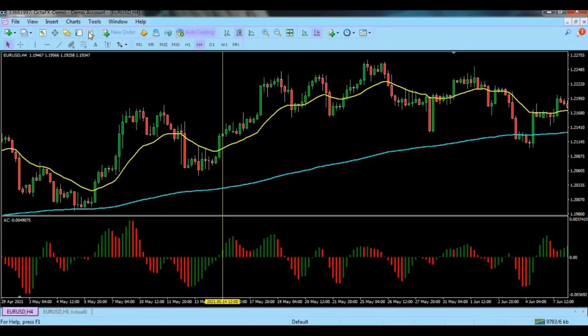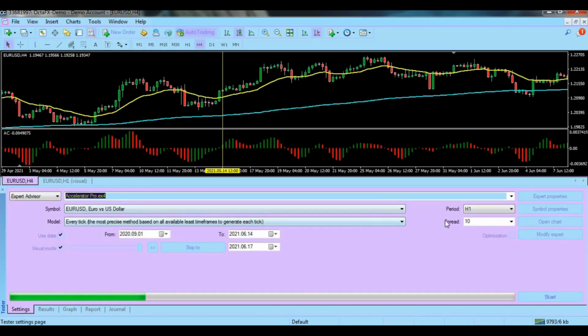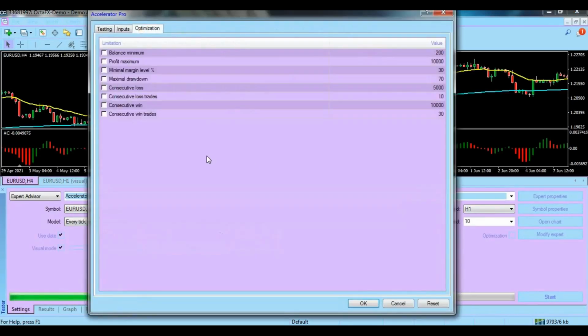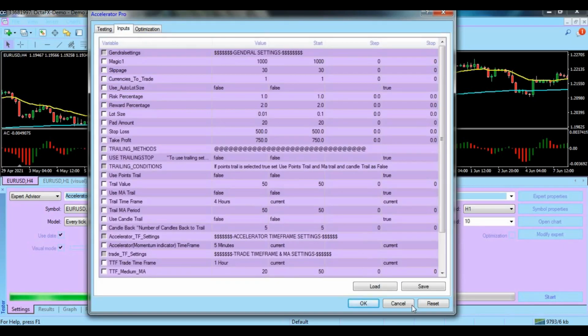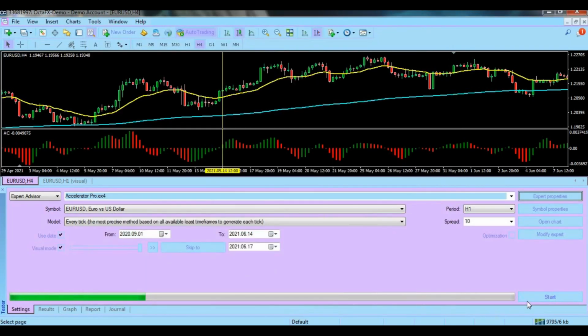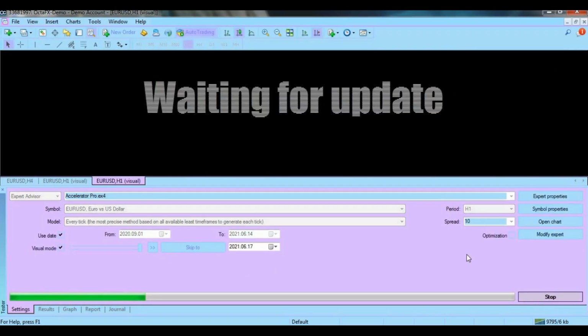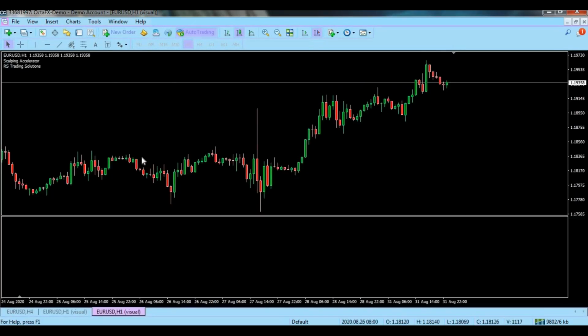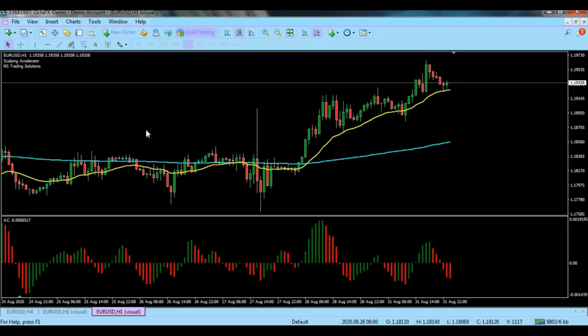Let me open this strategy chart and the properties. Okay, nothing needs to change, everything is fine. Let me start this one. Let's wait for the update. Once it is updated, let it start.